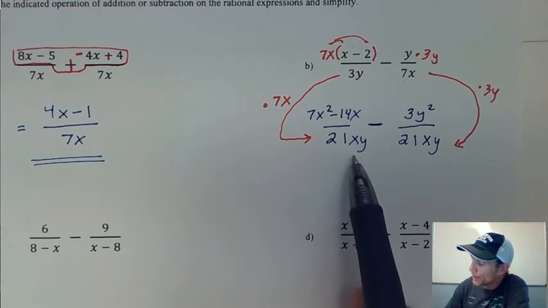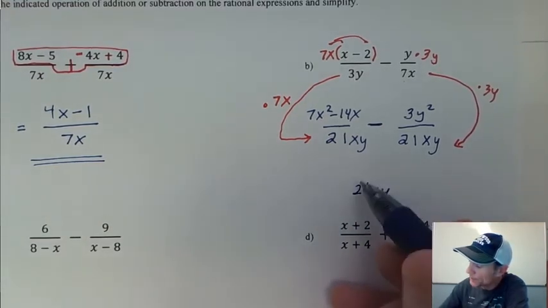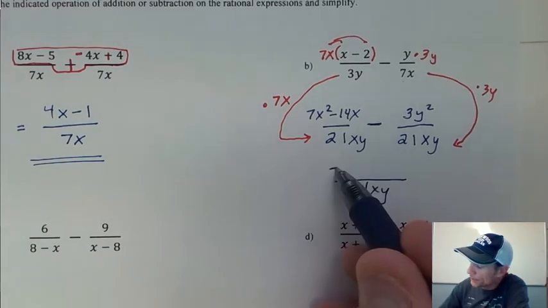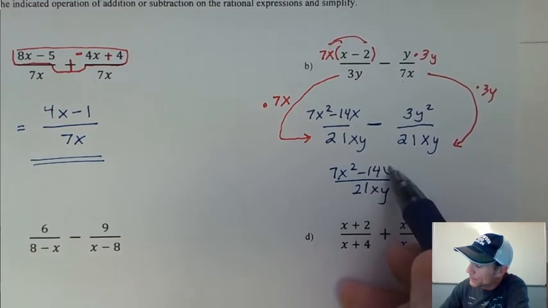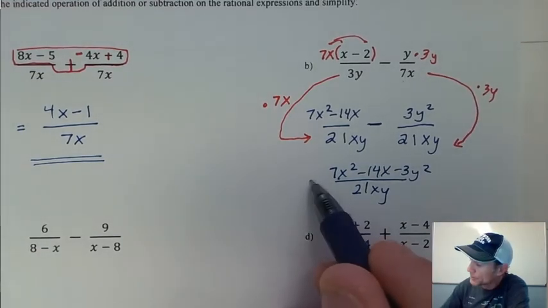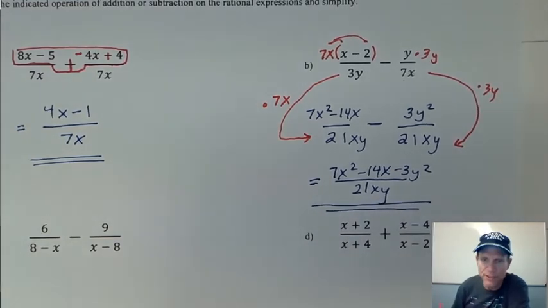And I have my common denominator. So I'm going to write 21xy as the denominator. And in the numerator, I have 7x squared minus 14x minus 3y squared. I just put those terms together. And that's my combined rational expressions through subtraction.